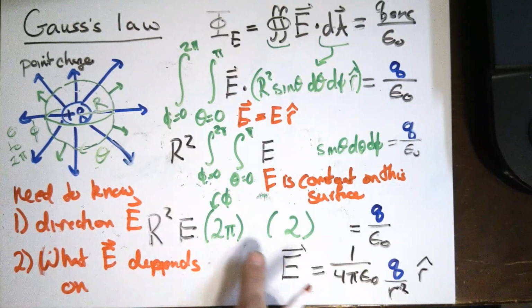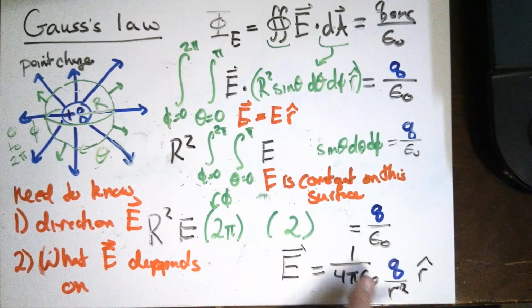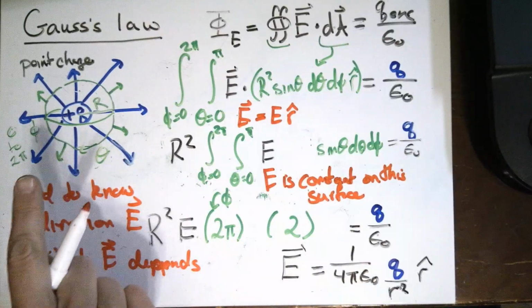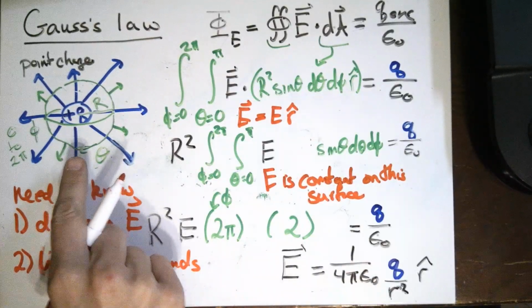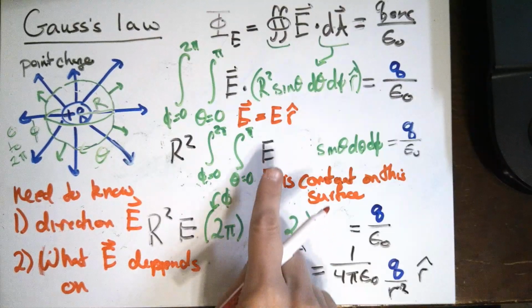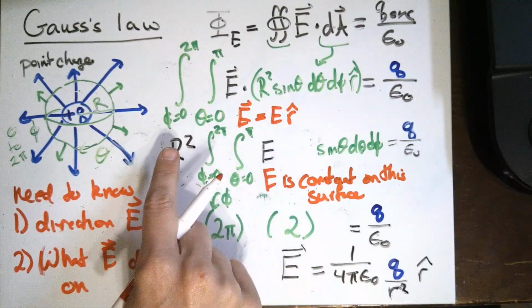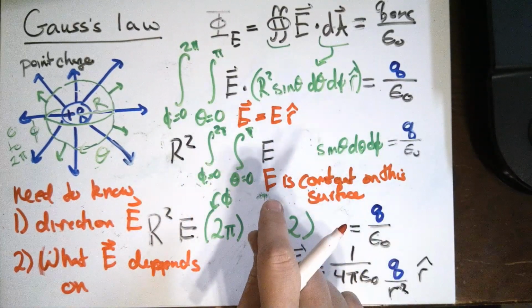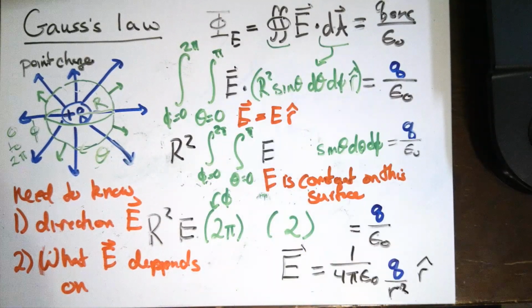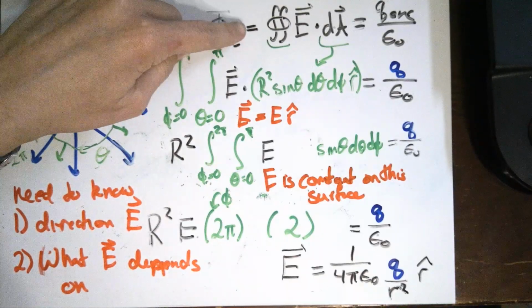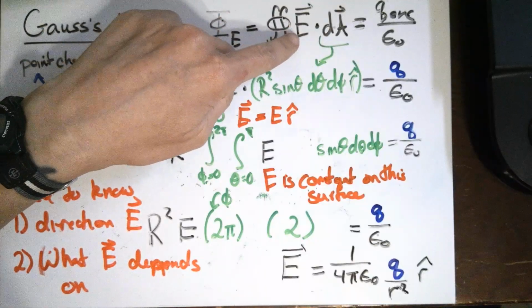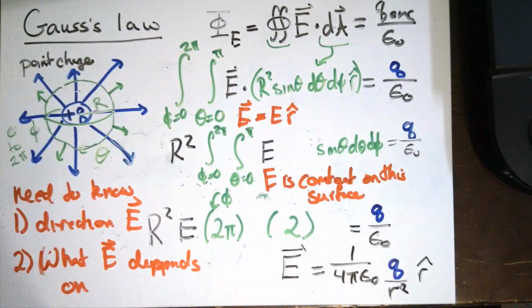So here, we knew E only depends on the radius, so we picked a Gaussian surface that has a constant radius, because if the radius is constant, then the electric field is constant, and the electric field then comes out of the integral and makes the integral a whole lot easier to do. So if you can figure out these two things about your electric field, and you know what charge is causing that, then you can use Gauss's law to find the function or the formula for the electric field.